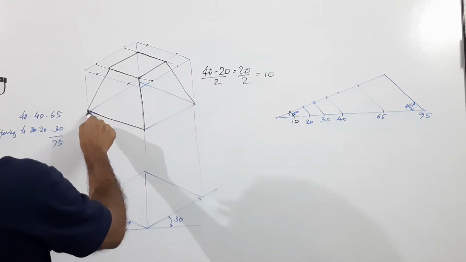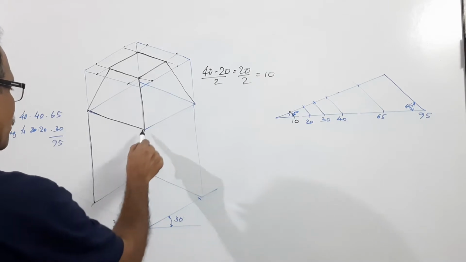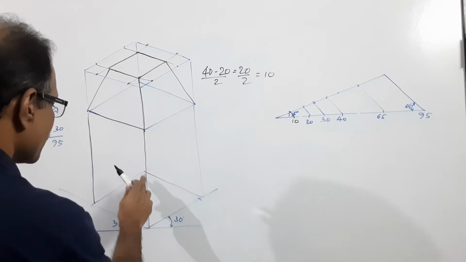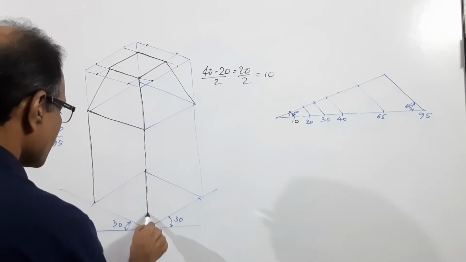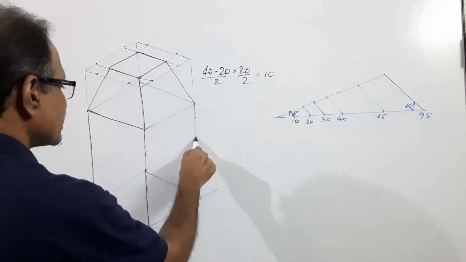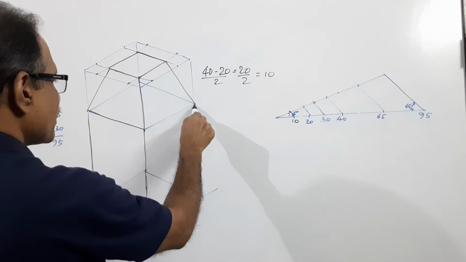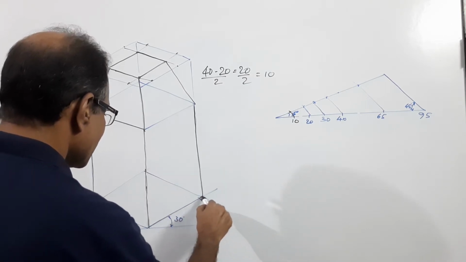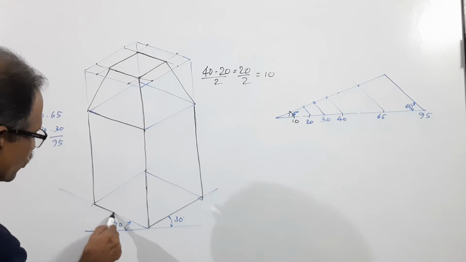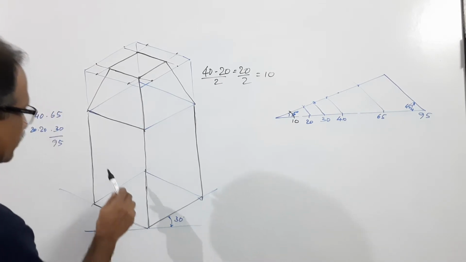Then firm. Since I am not using instruments, some of my lines may overlap or duplicate. You have to bear with me. When you draw two dimensions, you will get perfect shape.